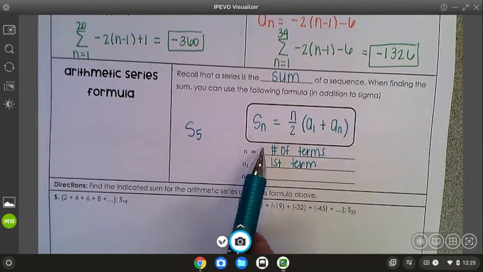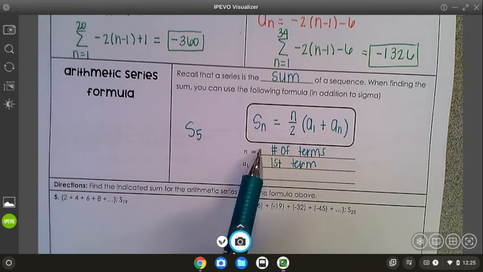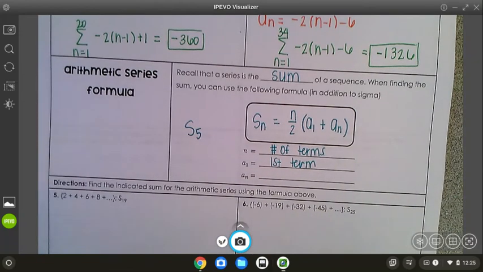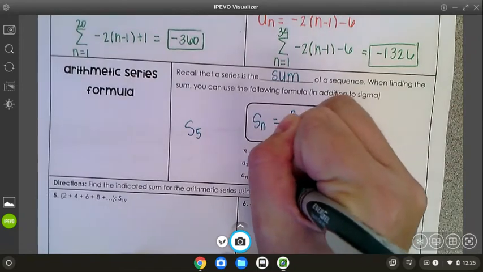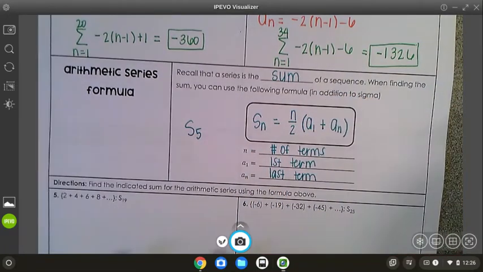Your n would be 5, right? You're finding the sum of the first 5 terms. Well, A5, that is only the 5th term. So your An is your last term.